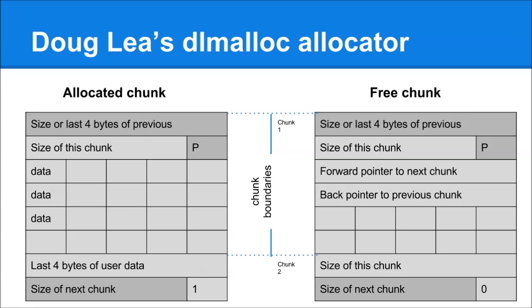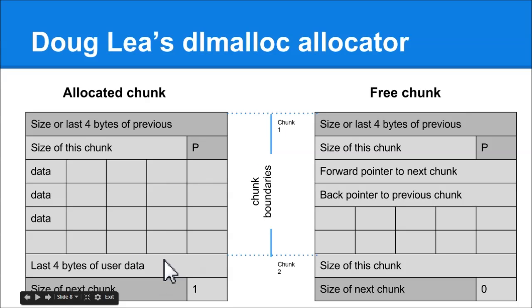So the size of this bin is actually going to be larger than whatever we allocate in all cases, all right? You're going to have an integer for the size of the last chunk, an integer for the size of this chunk, and so on. In the free chunk, it just uses what would be the data for other purposes. All right, so that's more or less inconsequential.